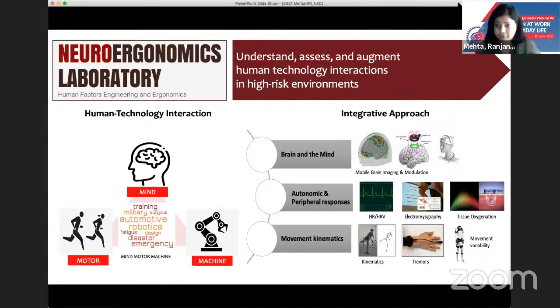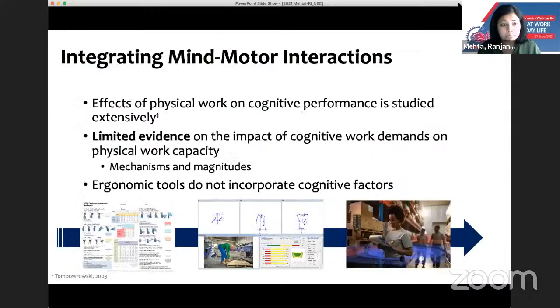I've been told they are two different things, and I completely agree. We also look at autonomic and peripheral responses as it relates to physiology, particularly for motor fatigue, and movement kinematics, because now if you take your lab out in the field, you need to figure out ways in which human behavior can be captured both through motor aspects, but also through mind aspects.